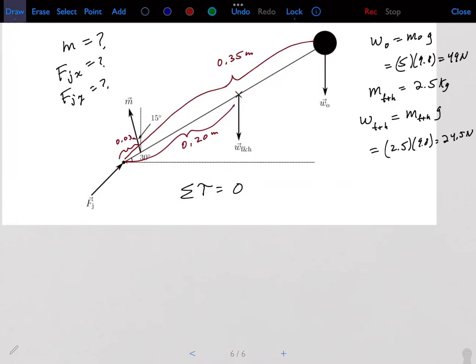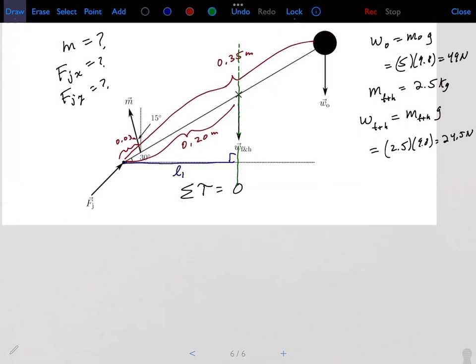If this is the line of action of the weight of the forearm and hand, then the perpendicular distance from the line of action of that force to the axis of rotation, we're assuming the elbow joint is the axis of rotation, is going to be this distance right here. I'll do it in blue. That distance, I'll call L1. That's the moment arm for the weight of the forearm and hand.